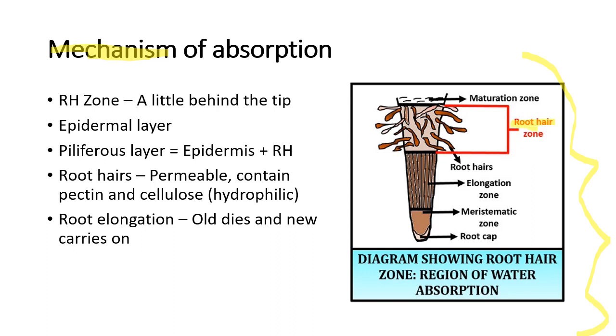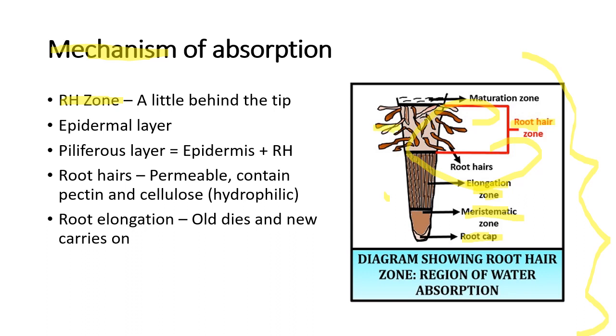We call these clusters of root hairs the root hair zone, or the RH zone, which is situated a little behind the root cap. You can see that there is an elongation zone for the root and a meristematic zone where the cells will actively divide, and a root cap. So this root hair zone is actually present a little behind the root tip.